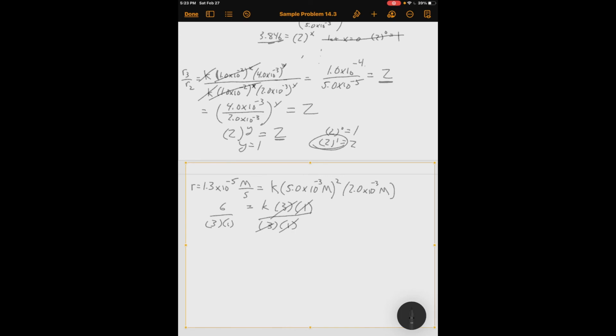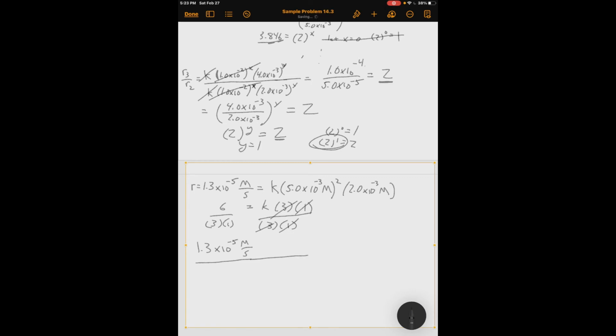We divide both sides by 5.0 times 10 to the minus 3 molar squared, and then we would divide it by 2.0 times 10 to the minus 3 molar. So I'm going to do that. So I'm going to say 1.3 times 10 to the minus 5 molarity per second.